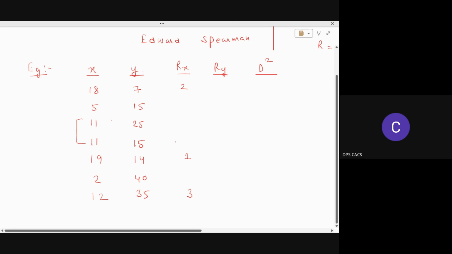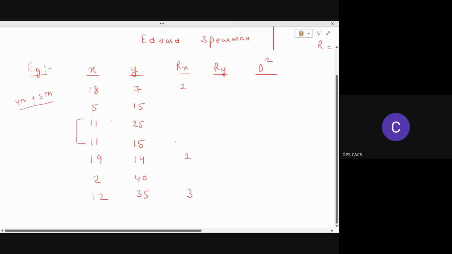Fourth rank. Because both the values are same, I cannot give different ranks to them. Also, I cannot give the same rank because I have only one rank. I can allot it to one individual only. So what I'll do, if there is a tie, then coming two ranks, what are the coming two ranks? Fourth and fifth.